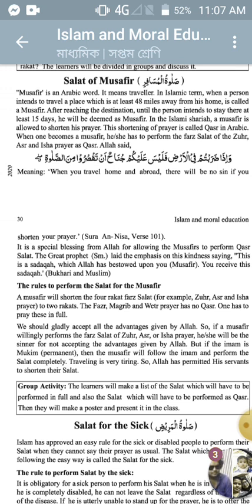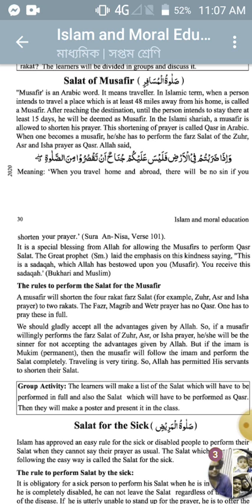We should gladly accept all the advantages given by Allah. So, if a Musafir willingly performs the fard Salat of Zuhr, Asr or Isha prayer in full, he or she will be a sinner for not accepting the advantages given by Allah.